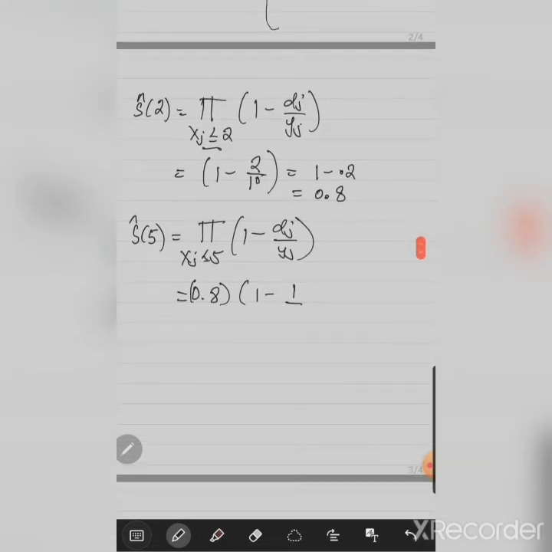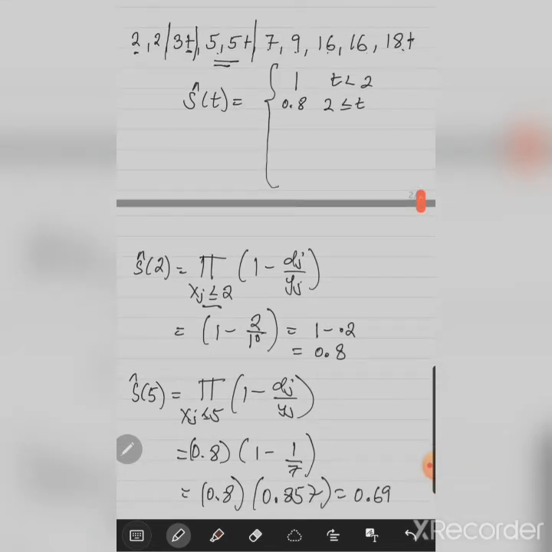So our estimated survival function at S of 5 is going to be 0.8 times 1 minus 1 over 7, which is approximately 0.857, and this is going to give us approximately 0.69.